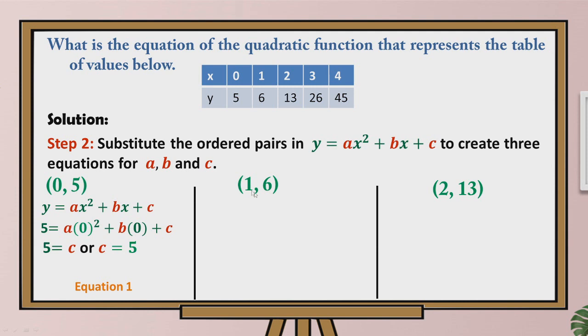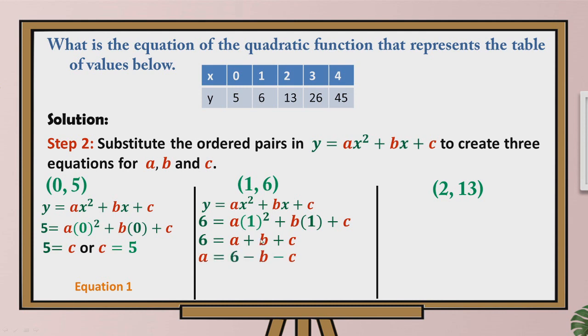Next is (1, 6). So we have our general form again, and then 6 will replace y, and then 1 will replace x. So the resulting equation will be this. Now we have 1 squared, that will be 1 times a, that is just a. And then b times 1 is just b. And then this will be our resulting equation. Now this time, I want to have an equation for a.